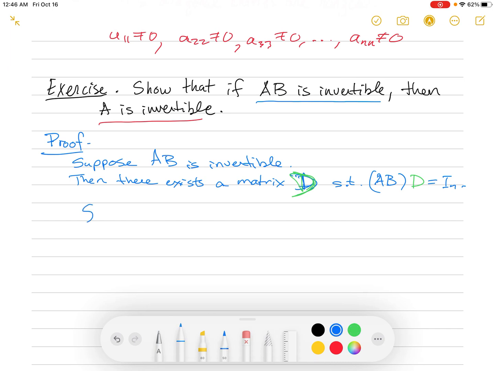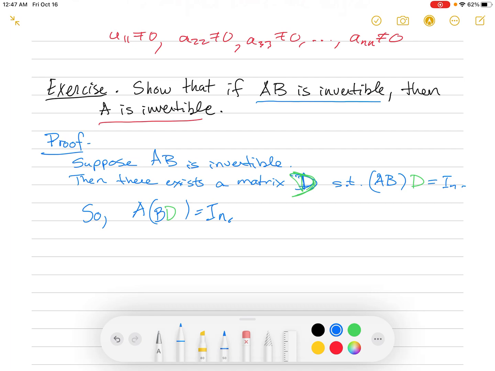Now I'm going to reassociate the parentheses. We have A times the matrix BD gives you the identity matrix. So A times a matrix gives you the identity.